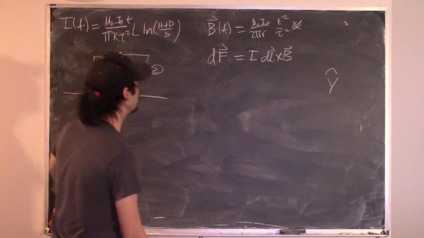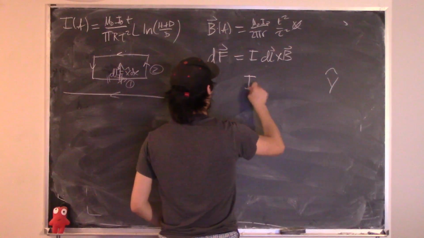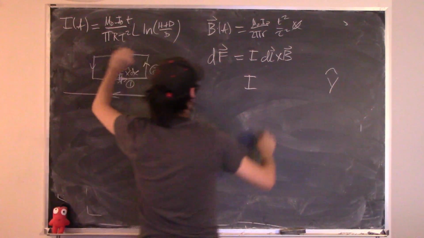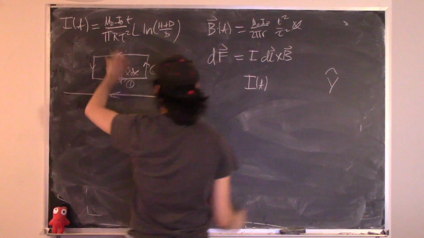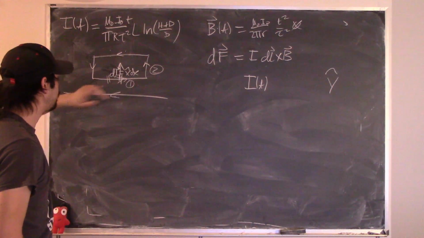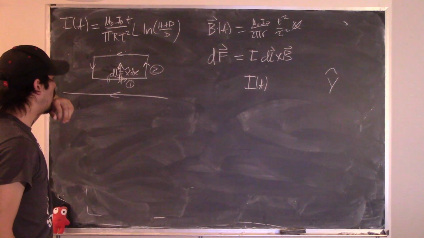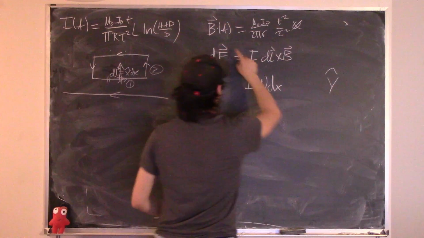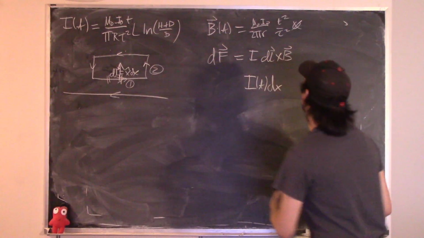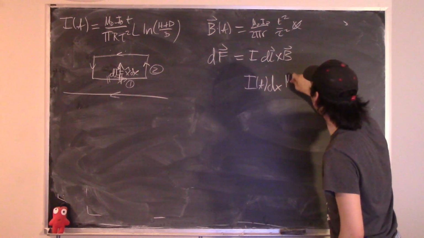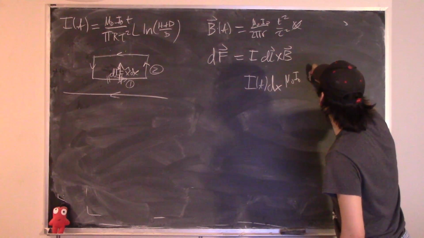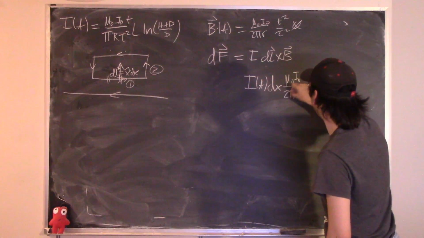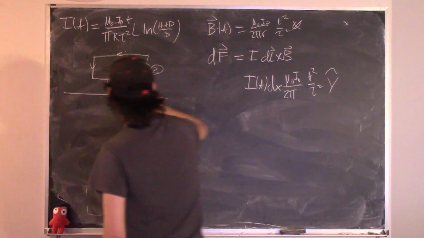Now let's plug in what these things are to evaluate this. This is going to be the current that flows through this, which I'm just going to put as I of t, times dx, times the magnetic field. I will write in what the magnetic field is: mu naught I naught t squared over tau squared, divided by 2 pi r.